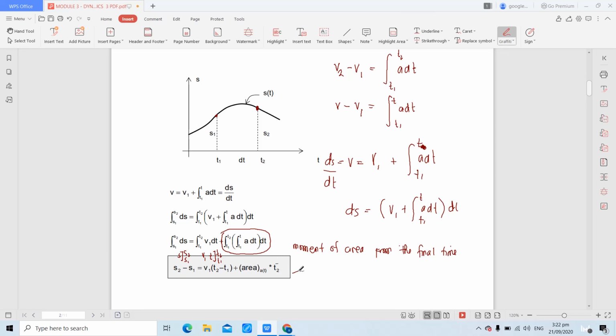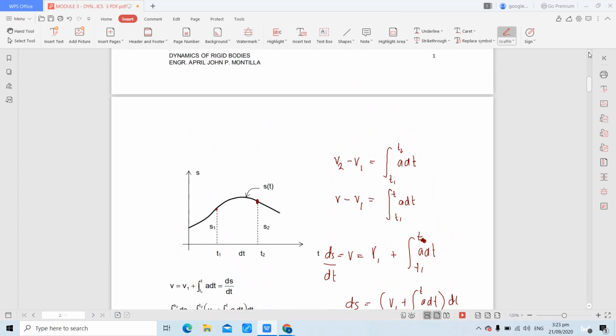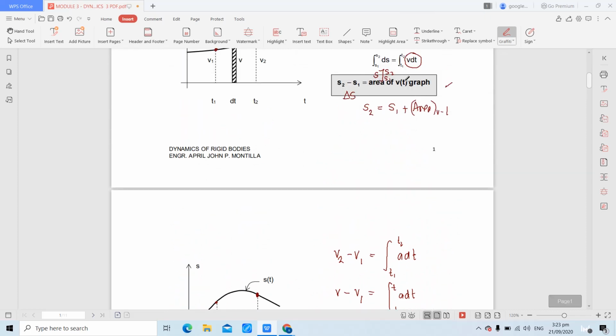So, that is another formula for the change in position. So, meron tayong dalawang formula for the displacement. Yung displacement pwedeng naka-express in terms of area of acceleration or yung displacement naka-express in terms of the area of velocity.